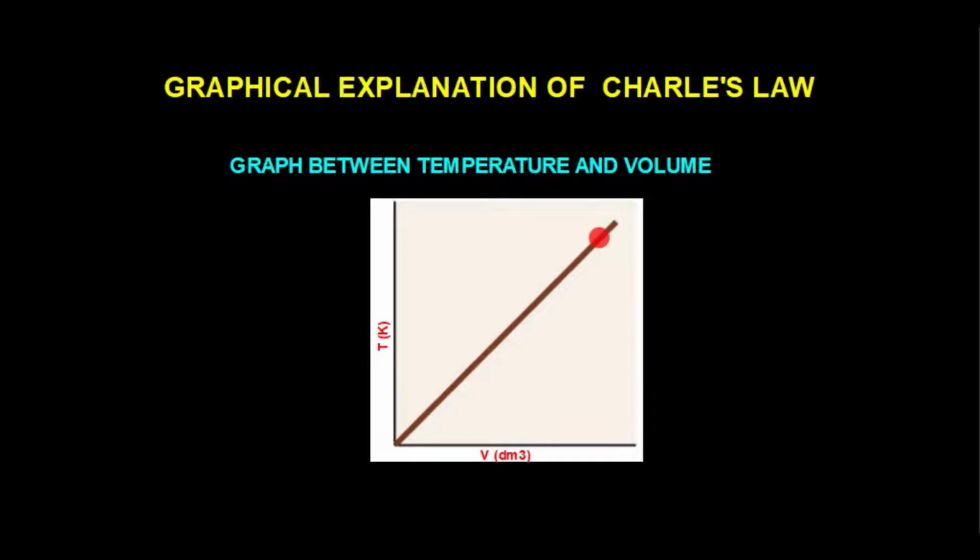A straight line between volume and temperature proves that there is a direct relationship between temperature and volume of a gas at constant pressure. That is, volume is directly proportional to temperature. Greater the temperature, greater will be the volume. I hope the graphical explanation of Charles's law is clear to you.